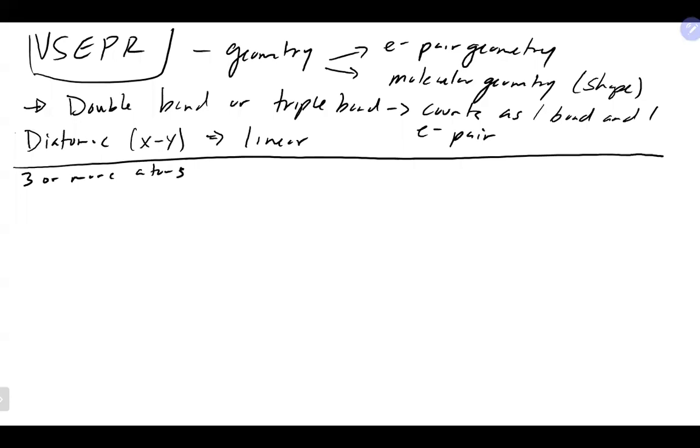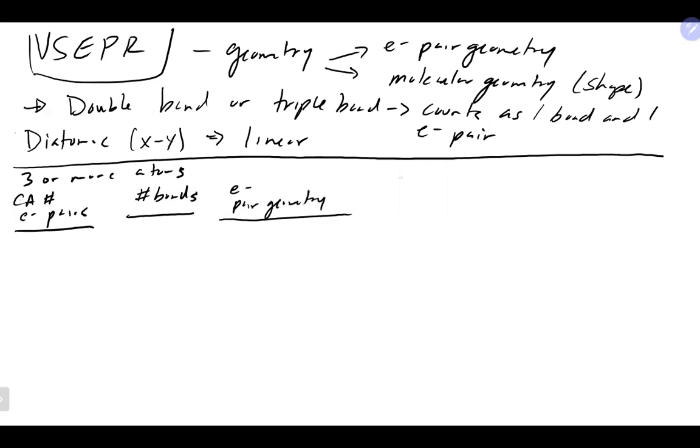And really the best way to do it is to count pairs around the central atom. That will give you the 2 names: the electron pair geometry, and it will also give you the molecular geometry name.